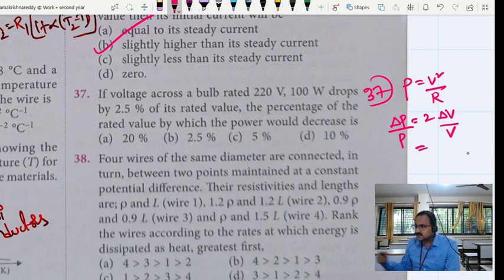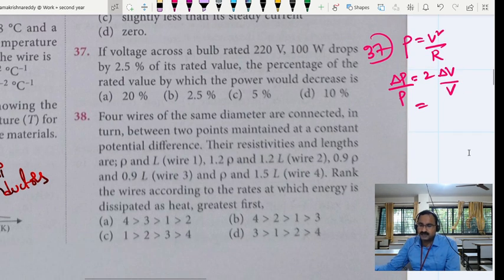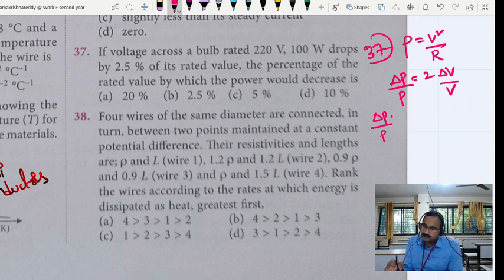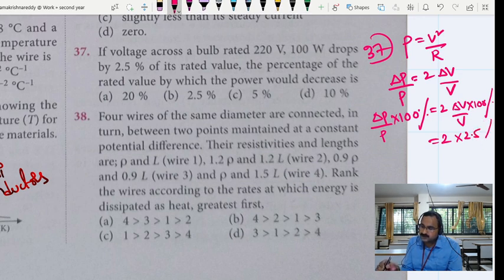So directly multiply: delta P by P into 100 percentage is 2 into 2.5 percentage, that is 5 percentage.